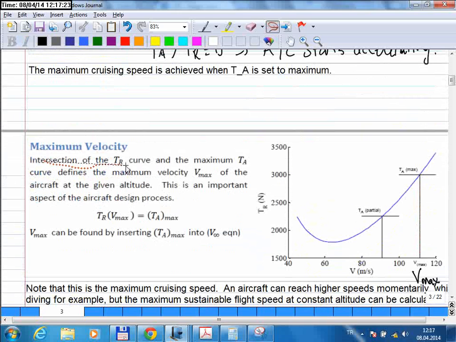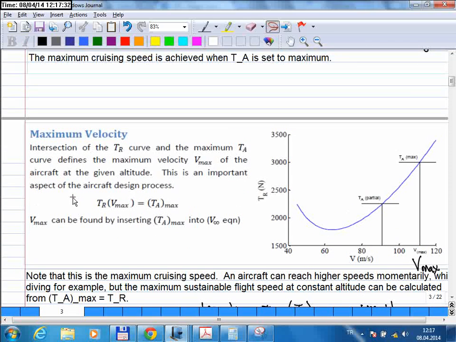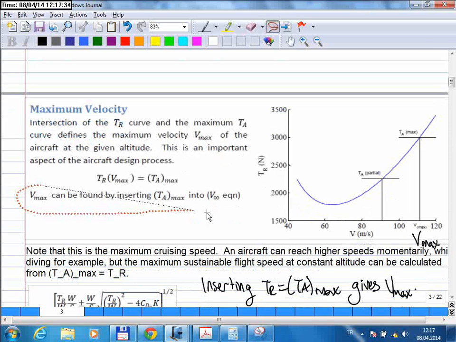So the intersection of the TR curve and the maximum TA curve defines the maximum velocity of the aircraft at that given altitude. And you can find that from the previous equation by inserting TA max instead of TR.